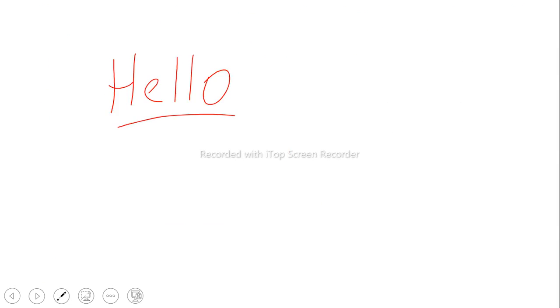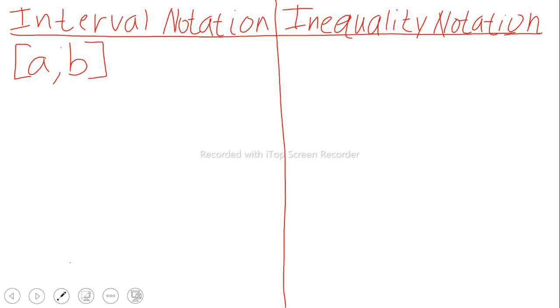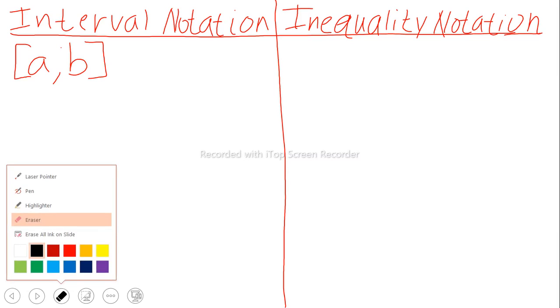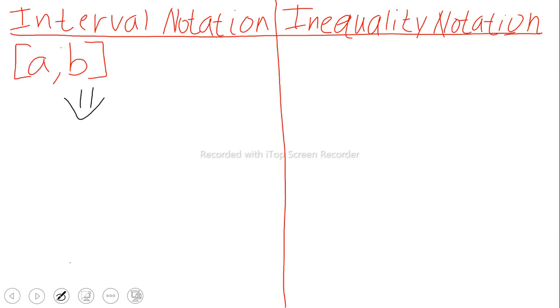So if both are closed, that means that we do include both endpoints.